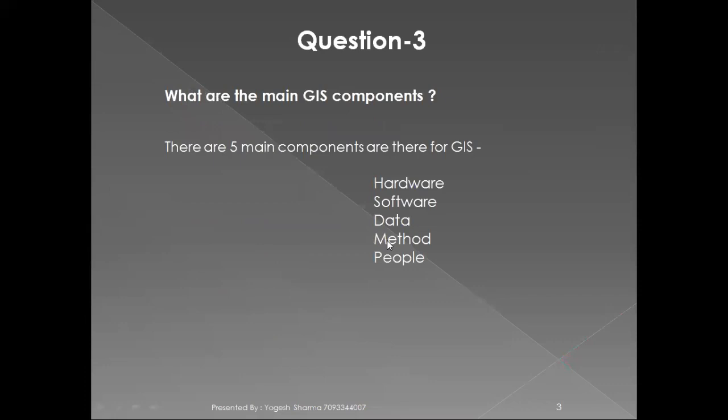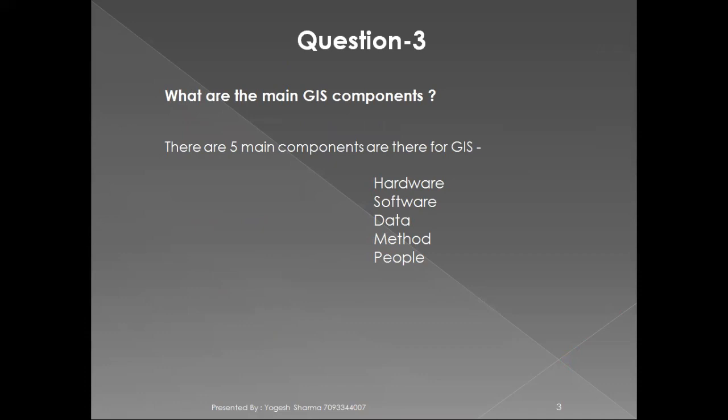Question 3, what are the main GIS components? These are the 5 main GIS components: hardware, software, data, method, and people. As we already know, GIS means Geographical Information System. Whenever the words information system come into the picture, it is definitely related to IT or to the computer.